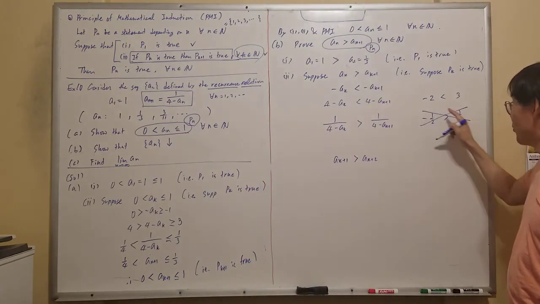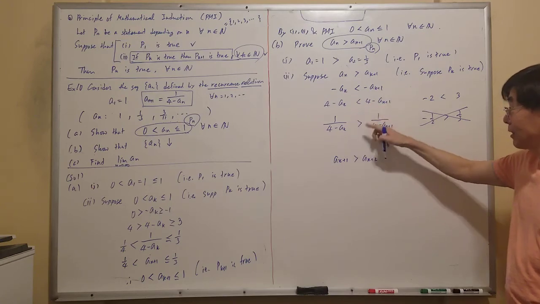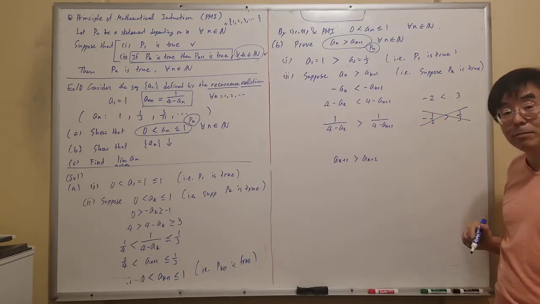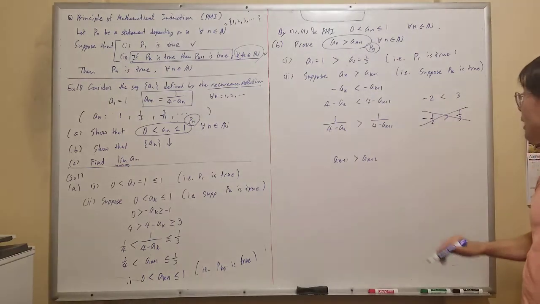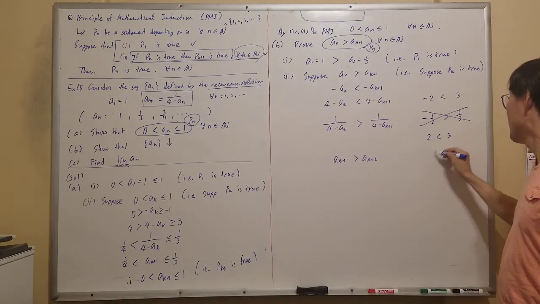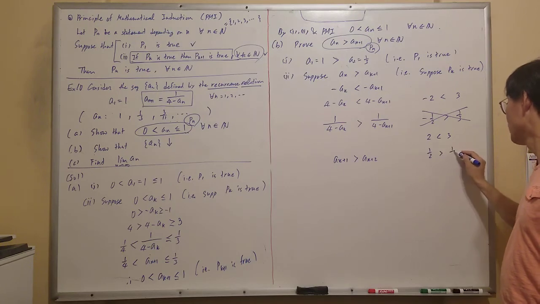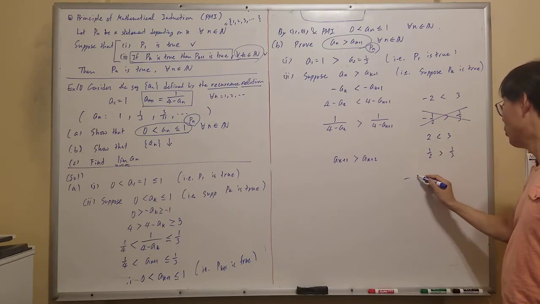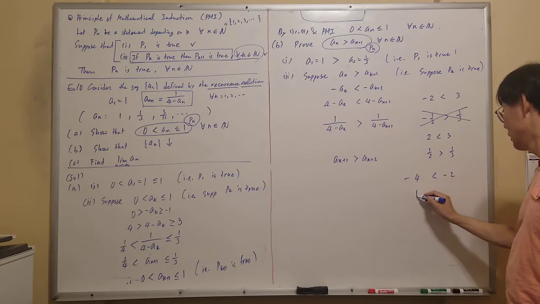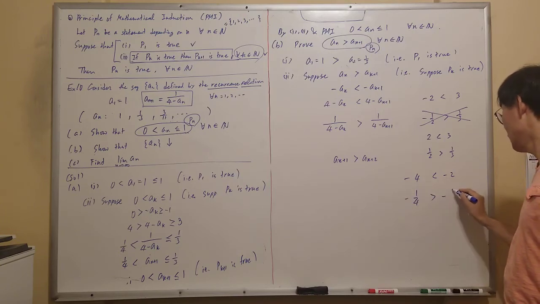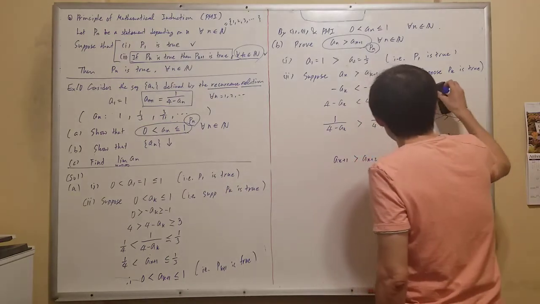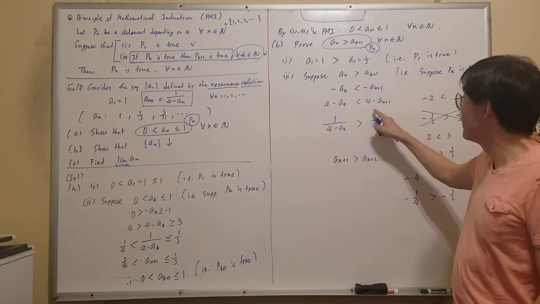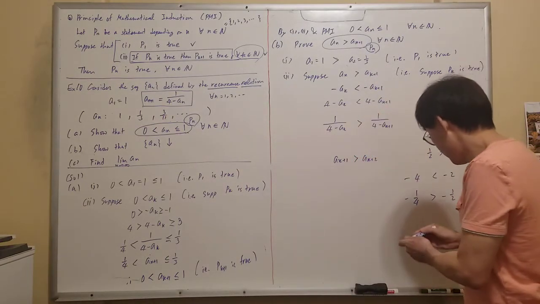No. When one is negative and one is positive, even after flip, you stay the same. Right? However, if both are positive, yes, reciprocal has opposite direction. Or both are negative, negative 1/4 is greater than negative 1/2. Right? So, we have to show that they are both positive.